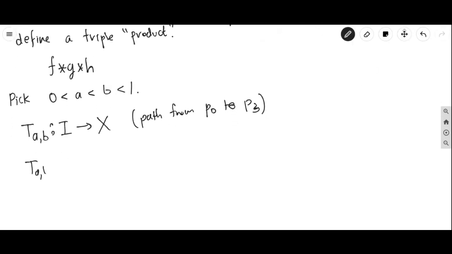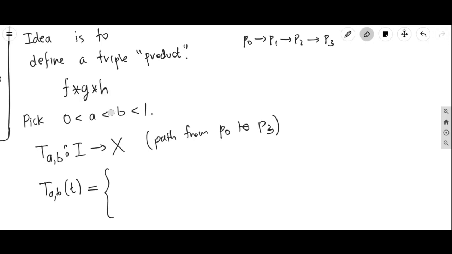This is a function, so we have to say what it does at time t, and it's going to have three piecewise conditions, because you're going to activate three different functions depending on where you're located in time. So if t is between 0 and A, you're going to activate the first function.